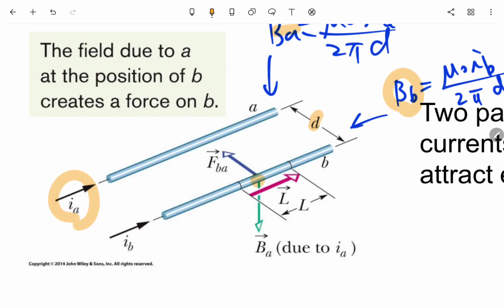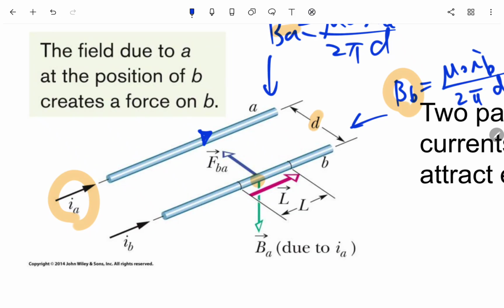First of all, we can determine the direction of the B field. This is the direction of the current, so you use the right hand rule to determine the direction of the B field. Use your thumb to follow the direction of the current, and your other four fingers will curl in this direction.